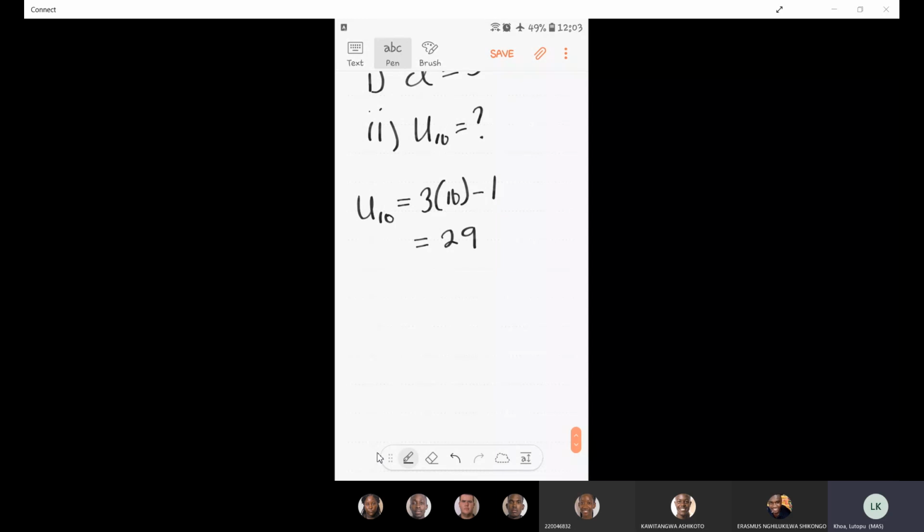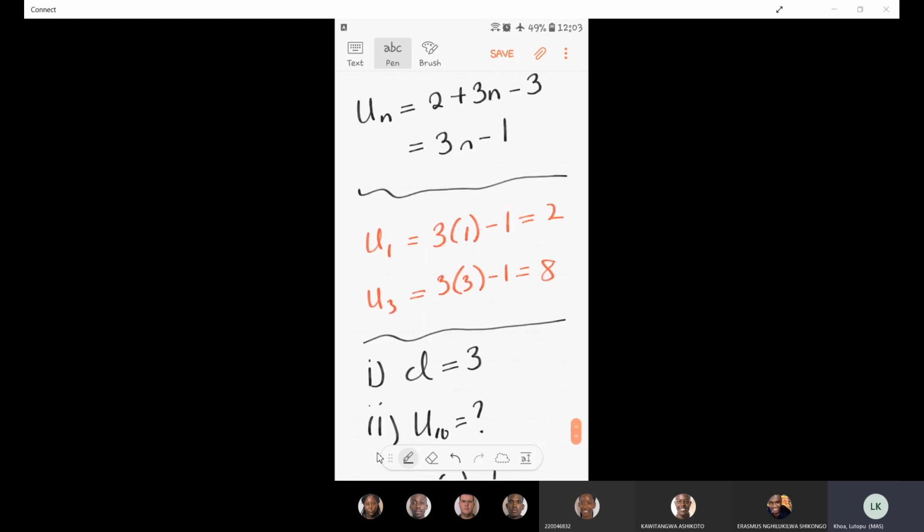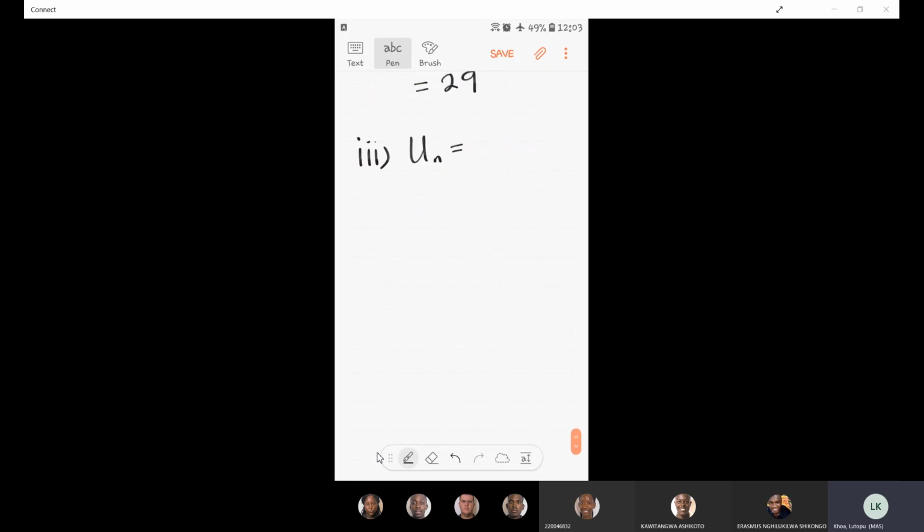And then the general formula, this is the one that we worked out already, which is un equals 3n minus 1. And that's what we have.